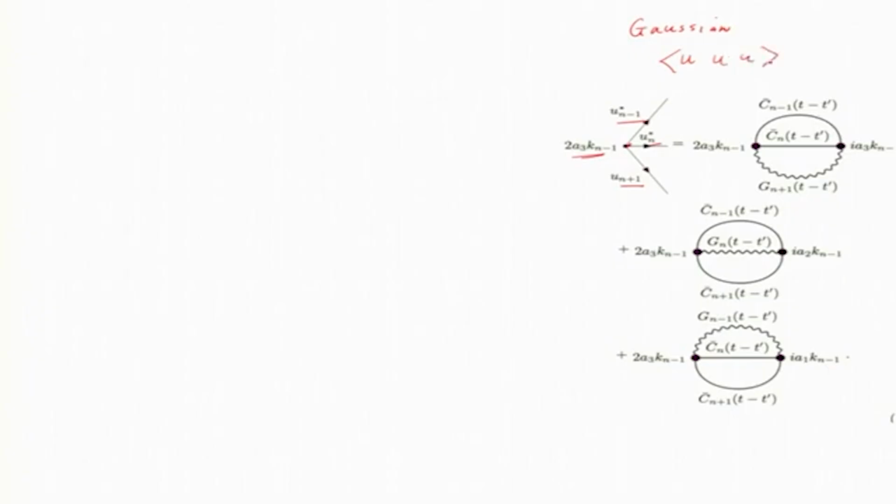U, 0 or non-zero? Odd, 3 of them, if you multiply, this was a mid-sem problem, you have multiplied 3 of them, what will I get? 0, right, because I assume that the velocity, the u's, have 0 mean. So, all the odd ones will give you 0, but even ones you can write as a sum of 2 point correlations, all possible.